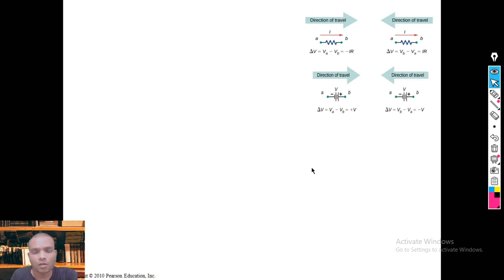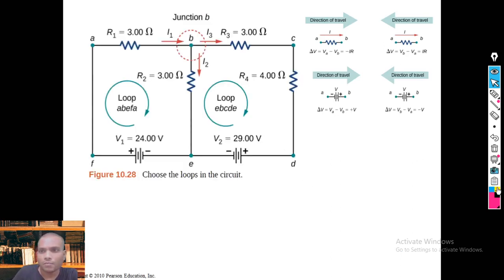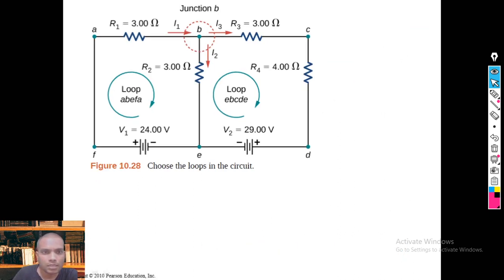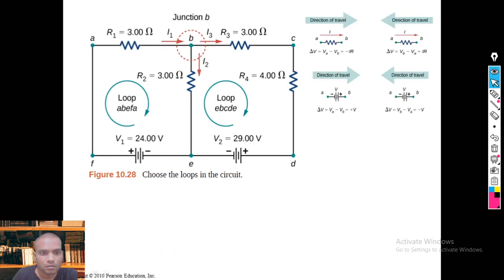Now let's consider another loop. This time I would like to apply the rule in the second loop, E, B, C, D, E. I'm crossing the resistance, and my direction and the current direction in the resistance are the same.